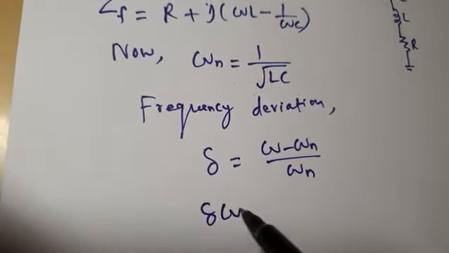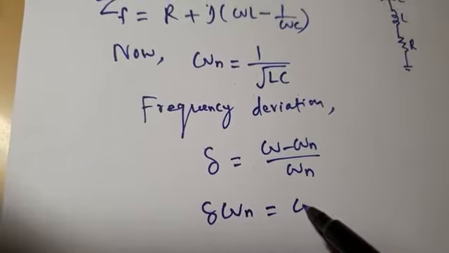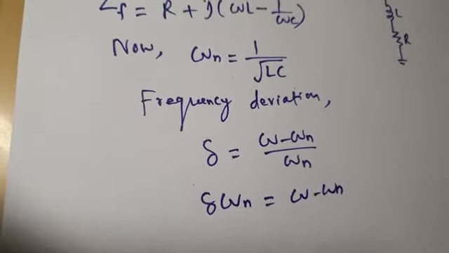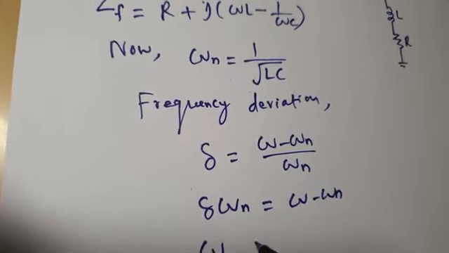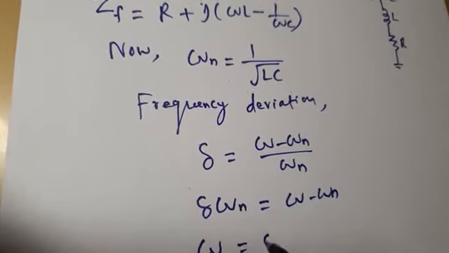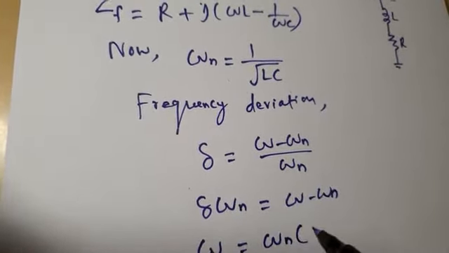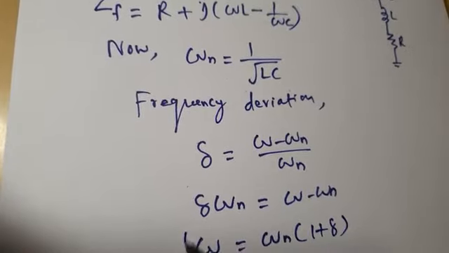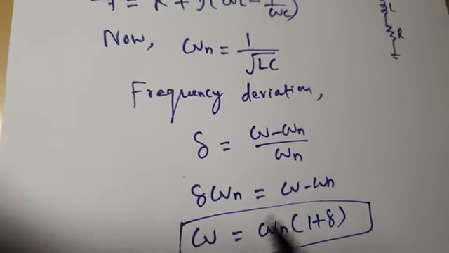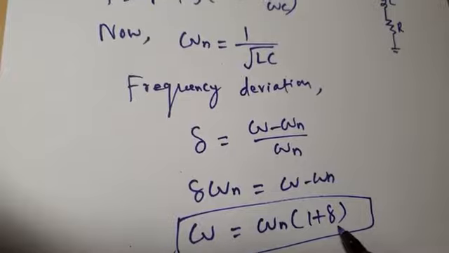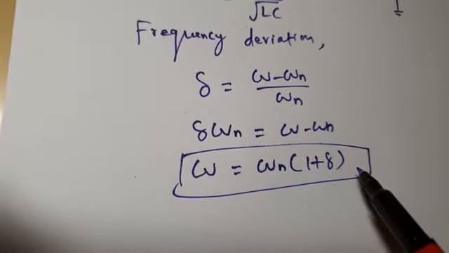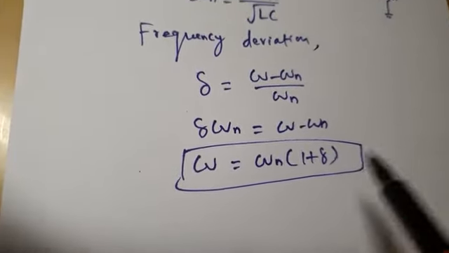From this, delta times omega n is equal to omega minus omega n, so omega will be equal to omega n times (1 plus delta). Okay, this is the frequency: omega is omega n times (1 plus delta), where delta is the slight or small frequency deviation.